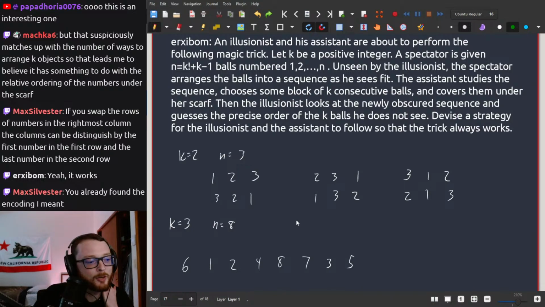Just out of curiosity, or Xabama, if you're still listening, is there a solution out for this, or is it like a recent question?